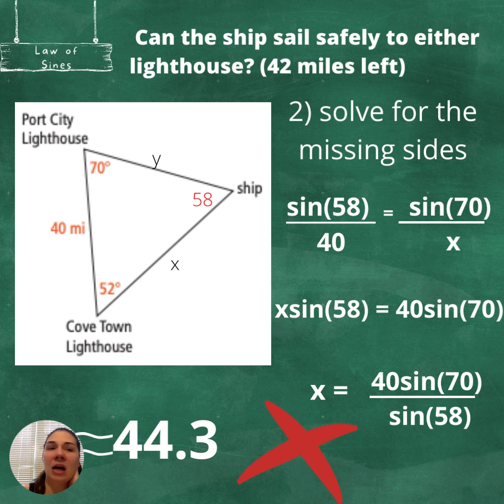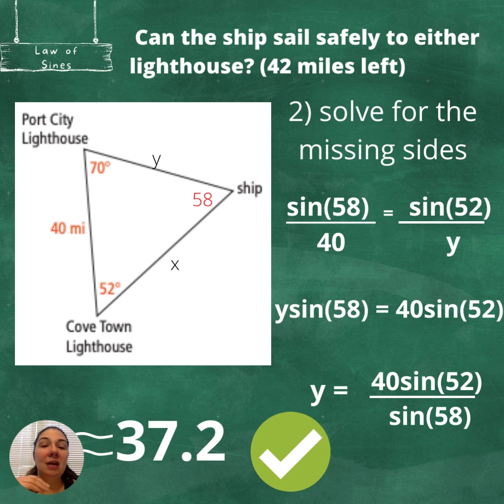Just as an FYI, I would always use values that are not rounded. Because we rounded this value, I wouldn't use it in the next problem. I would go back to using sine of 58 over 40 as half of the problem, and then the sine of 52 over y.